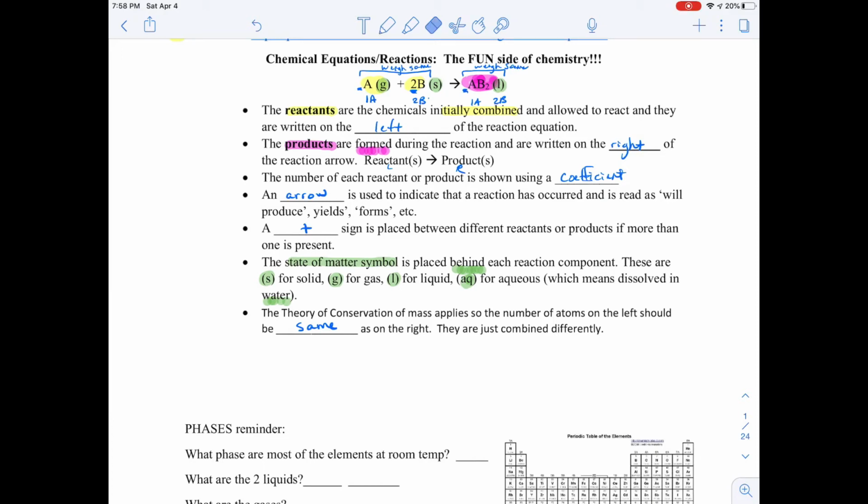So if, for example, I have 1 gram of A, and if I have 0.5 grams total of B, that's the total again, then I should have 1.5 total grams of AB2. Now, of course, in real life, you lose things. The reaction doesn't go completely. There's a lot of reasons why in real life you don't get a perfect answer, but that's the theory behind it.